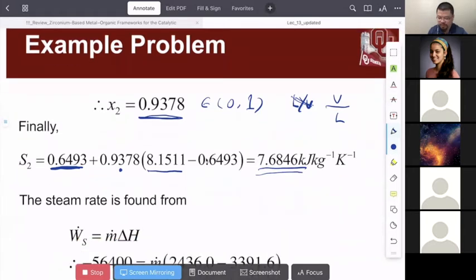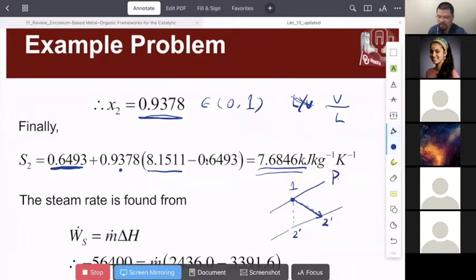Okay, so if I try to look at this, this is my state 1. This is the isentropic process we have to utilize to take advantage of the efficiency equation, and that is the actual final.